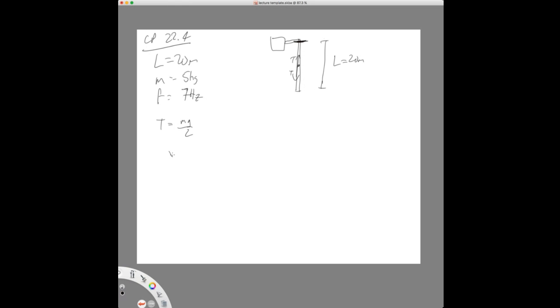So then the velocity at that point would be the square root of mg over 2 over mu. That's the square root of mg over 2 times mass over length. And the mass can just cancel out.